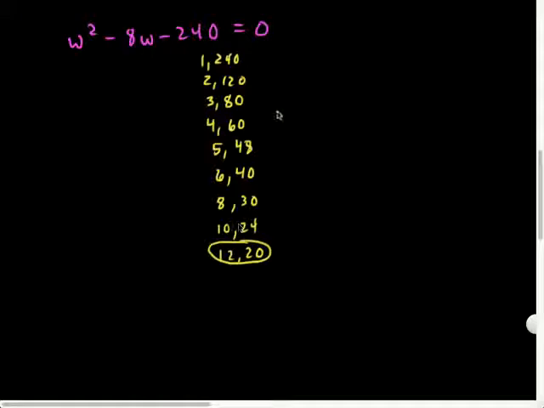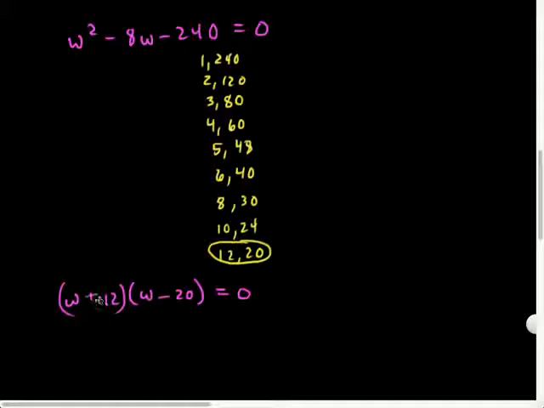Right there. So I found the factors of 240 that subtract to be 8. So I'm going to have a w with a 12 and a w with a 20 equals 0. Their signs have to be different since they multiply to be negative. They add to be negative, so the more influential one must have been the negative one.